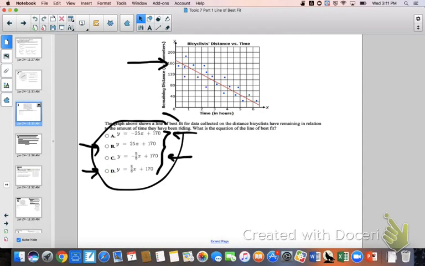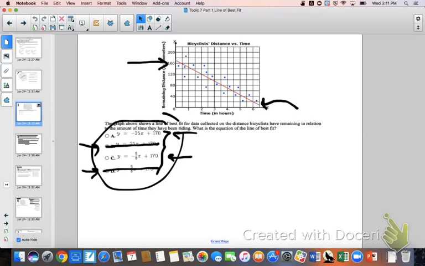Look at that black line, the trend line. Is that a positive or negative slope? Yes, that's a negative slope, so we're going to cross out the positive options. Now we've got to decide: is the slope negative 25 or negative 5/8?